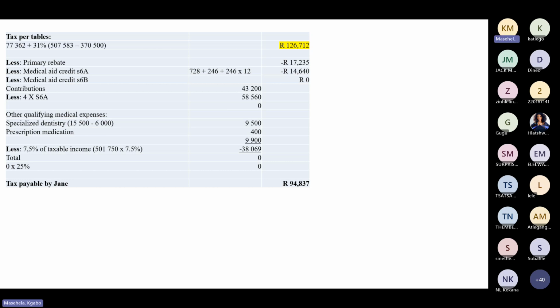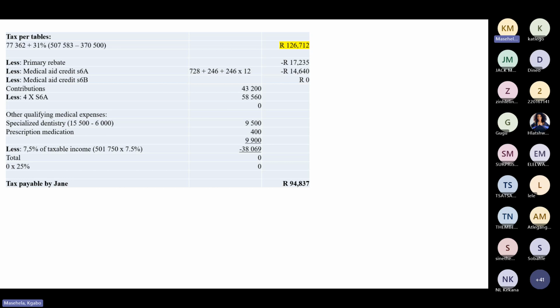It would be different if an individual is more than 65 years, then we would consider the secondary rebate. But at this point, we are dealing with an individual who is less than 65 years of age. That's why we are correct to say the primary rebate is 17,235.